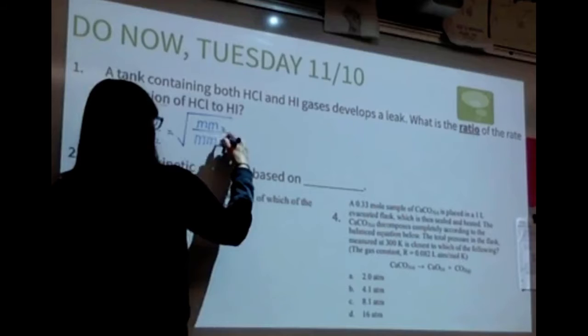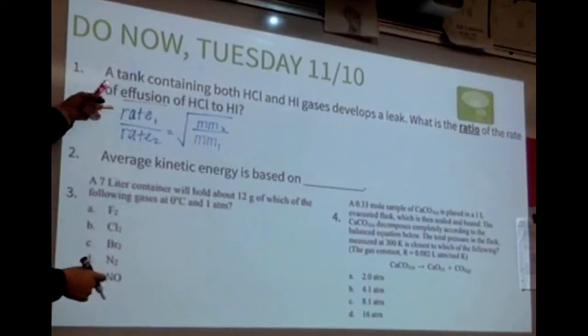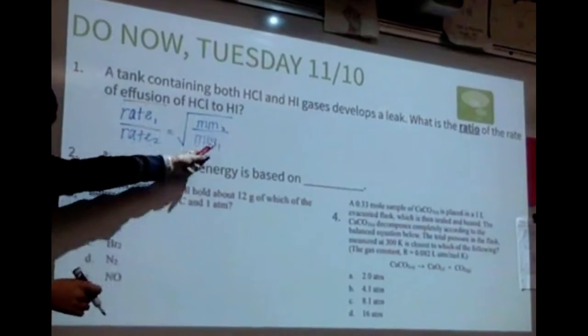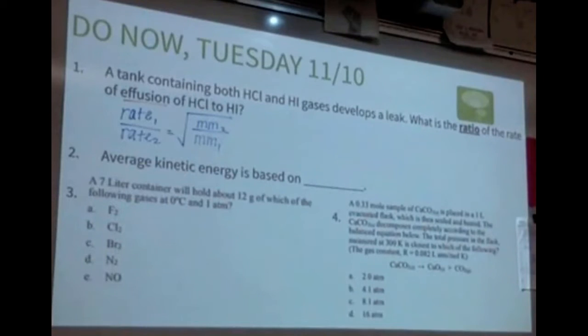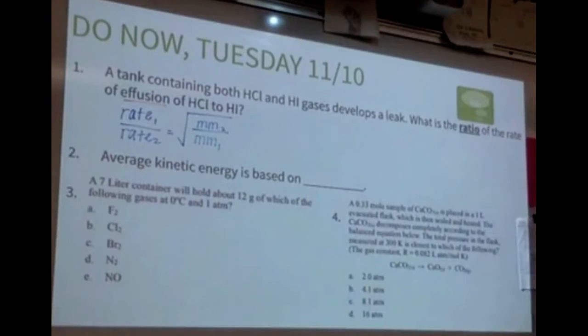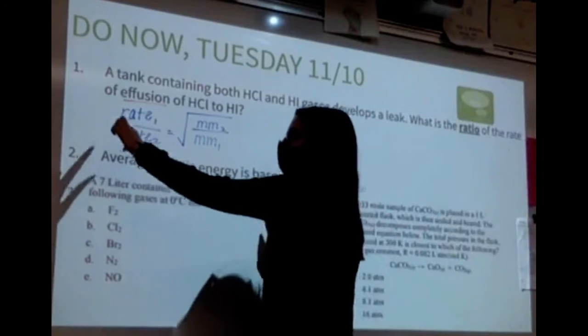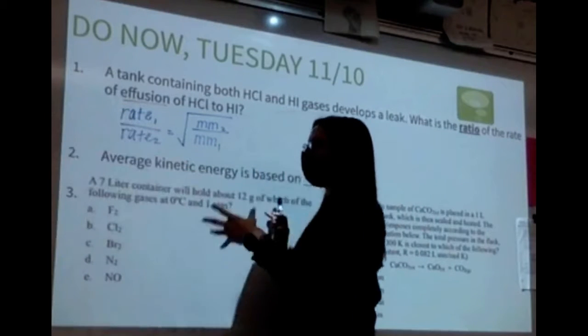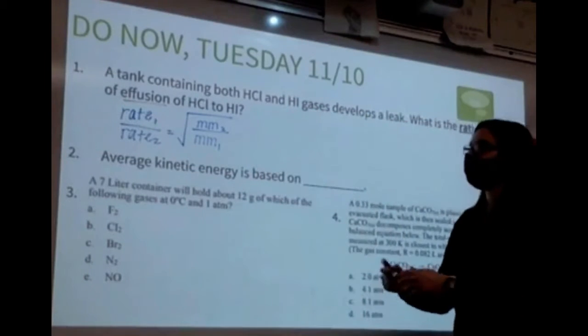Since it's inversely proportional, if gas 1 is on the top on one side, it's on the bottom on the other. So if we look at what this problem is really asking for, it wants the ratio of the rate of effusion of HCl to HI. So it wants me to just solve for a ratio. A ratio is nothing more than a fraction.